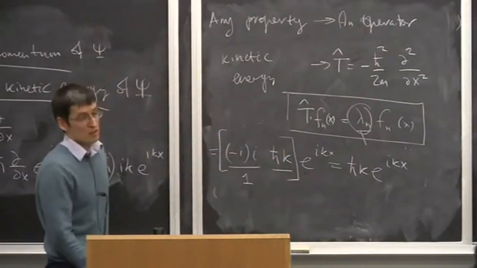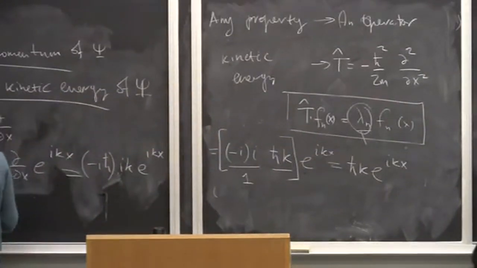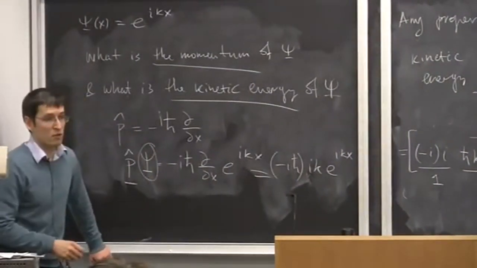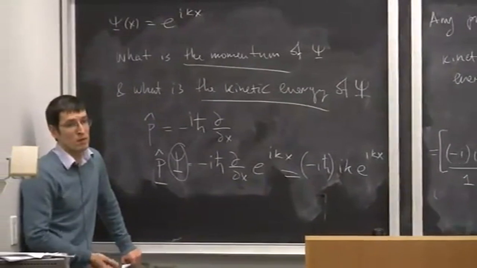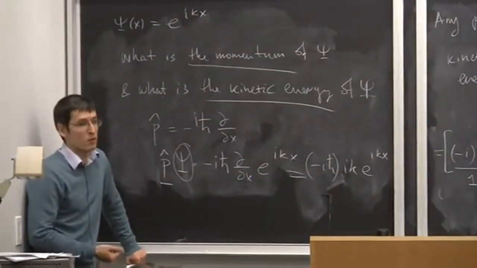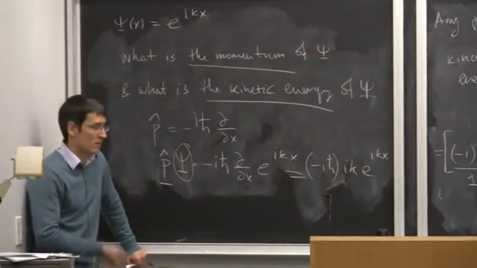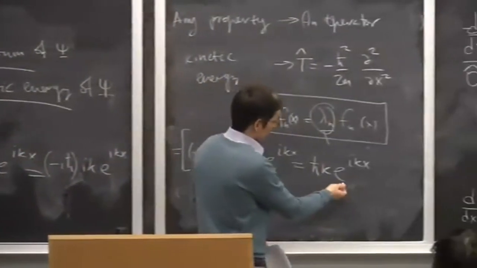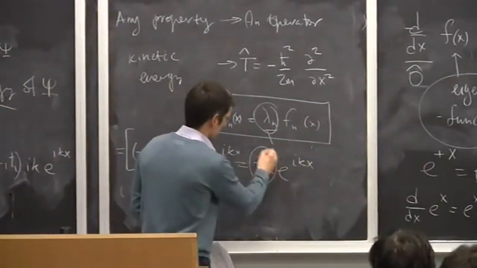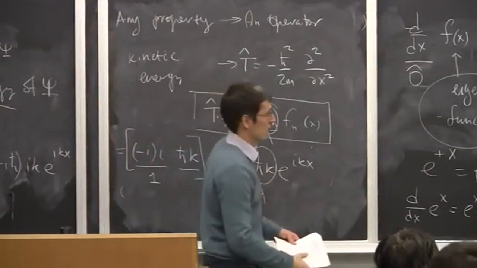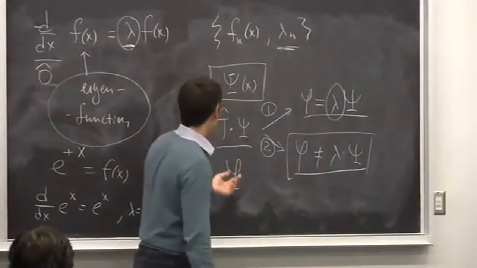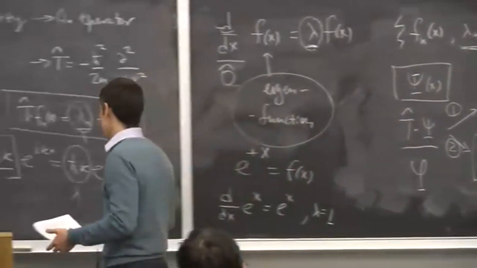What does that mean? Does this mean that the original function was an eigenfunction of the operator? Yes or no? Who thinks yes? Good. Majority. Yeah, so that's an eigenfunction. This is lambda, pretty much the prefactor that we get after applying the operator, momentum in this case.